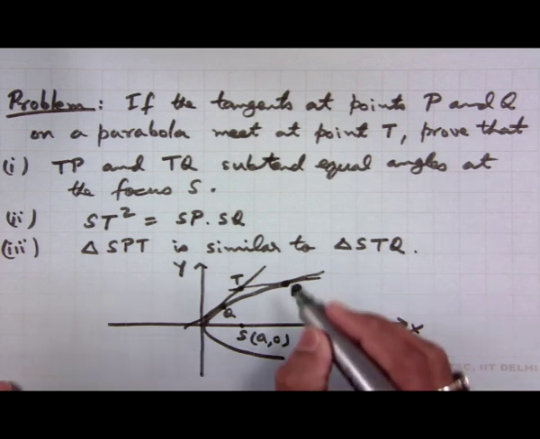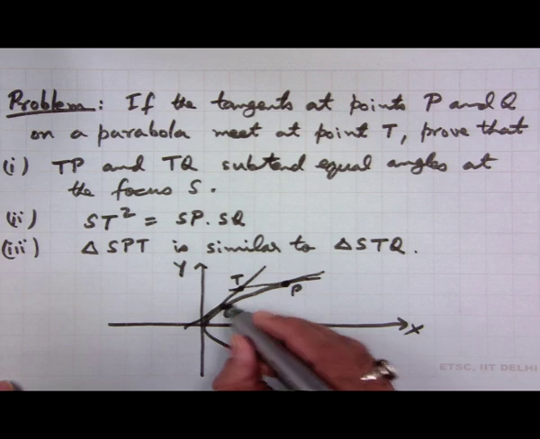Then we have to prove that TP and TQ subtend equal angles at the focus.